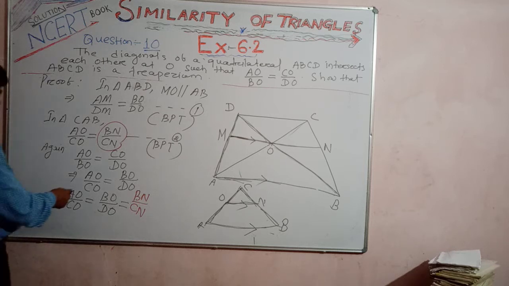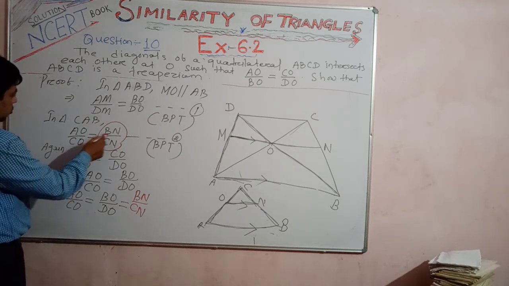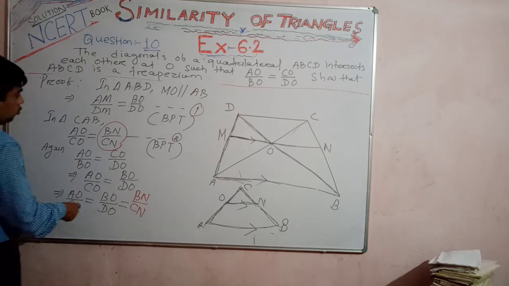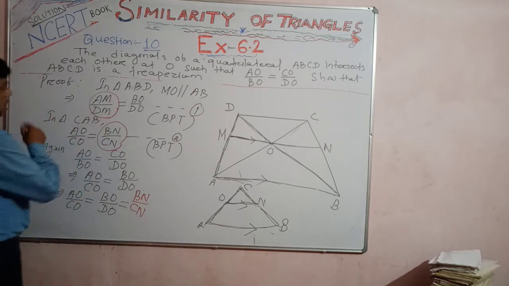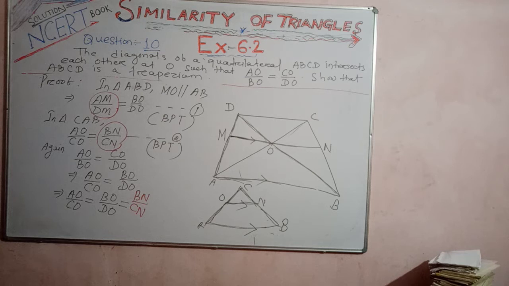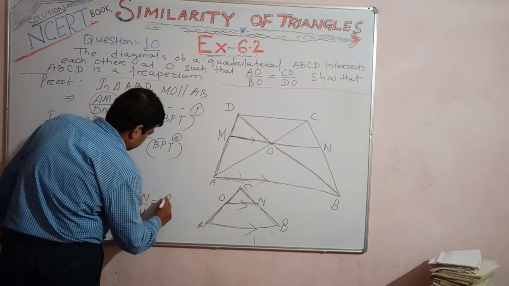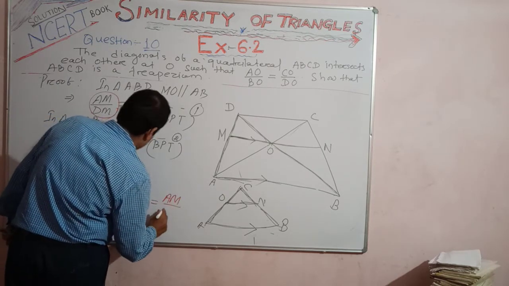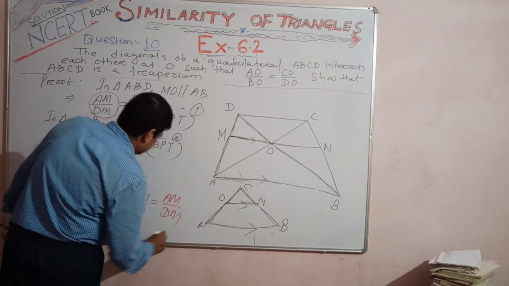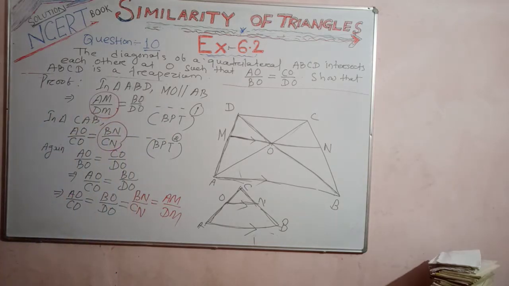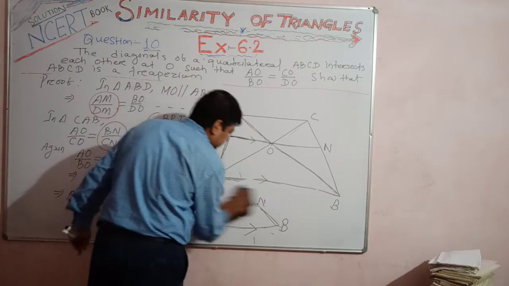Look at it once again. AO by CO is equal to BO upon DO, and BO by DO is equal to how much? AM upon DM from equation 1. Yes or no? You can write AM upon DM. Clear? Okay? Understand?